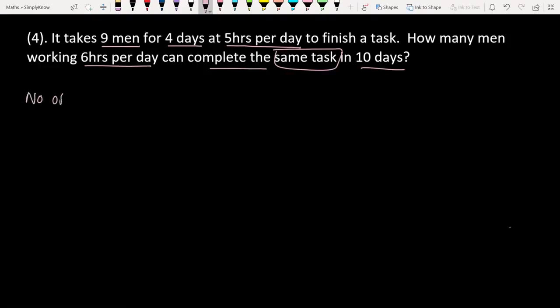Number of men times number of days times number of hours equals man hours.